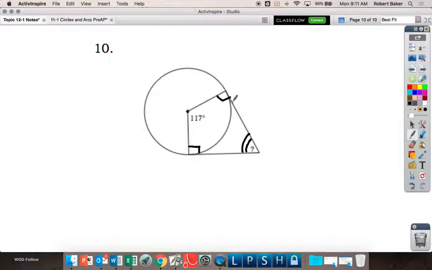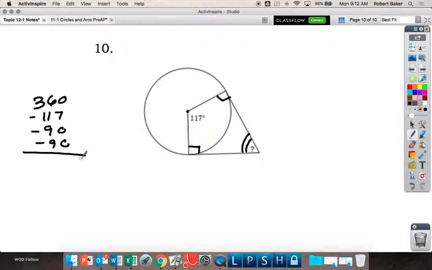How many degrees are in every quadrilateral in geometry? 360 degrees inside every quadrilateral. So if you do 360 degrees and you subtract 117, you subtract 90, and you subtract 90, it should give you how many degrees are left over for that one missing angle.